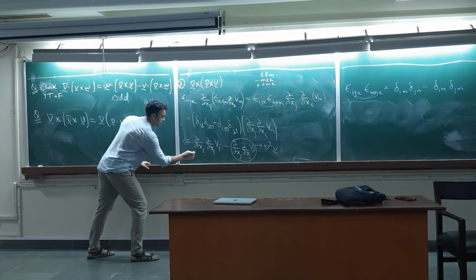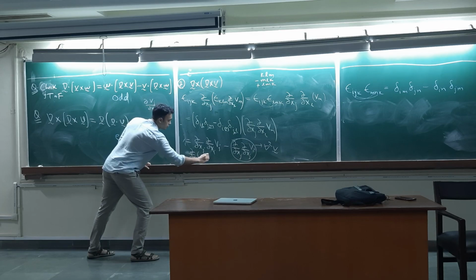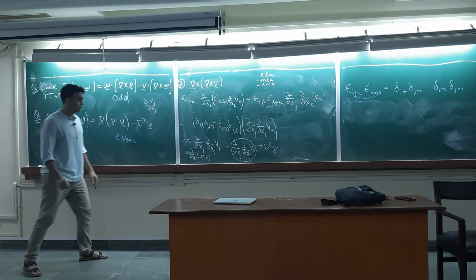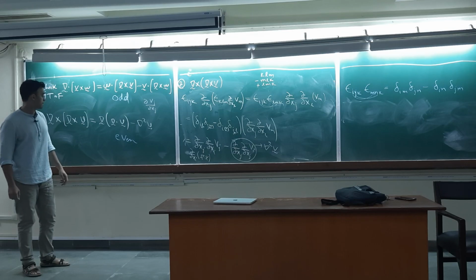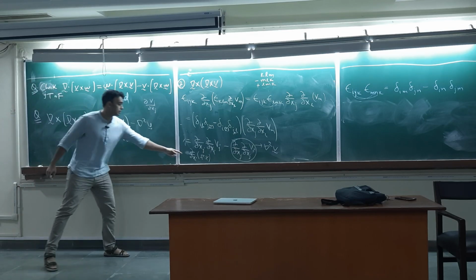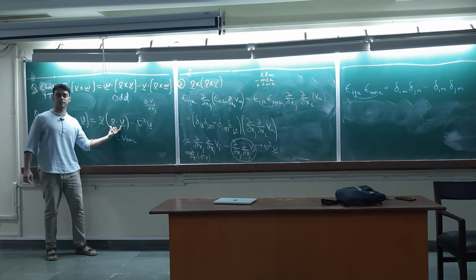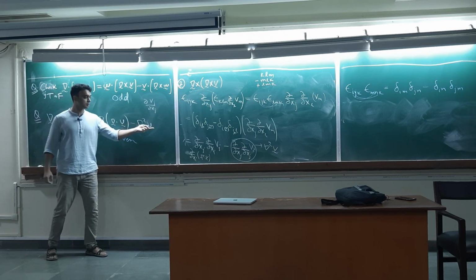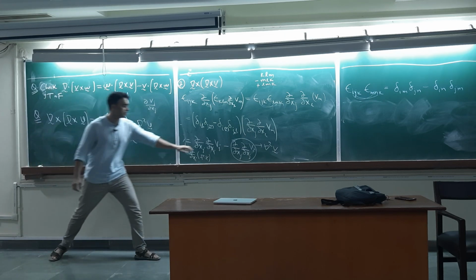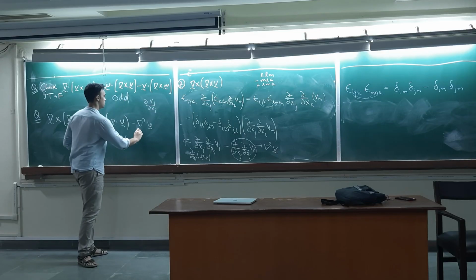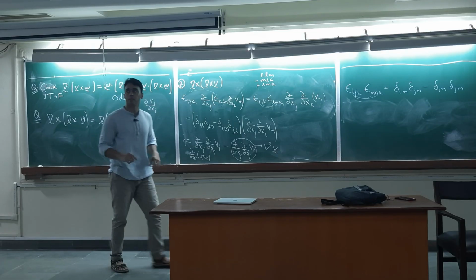So we get ∂/∂xi into the divergence of the vector. Yes? Meaning the gradient of this scalar, which is the divergence of the vector, minus, that minus sign is there. So both are true. Okay.